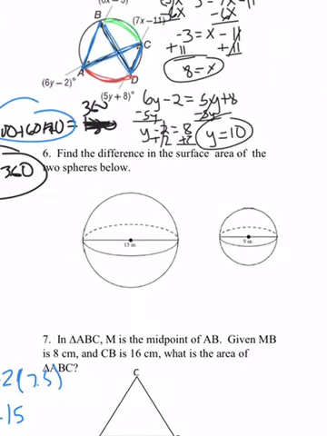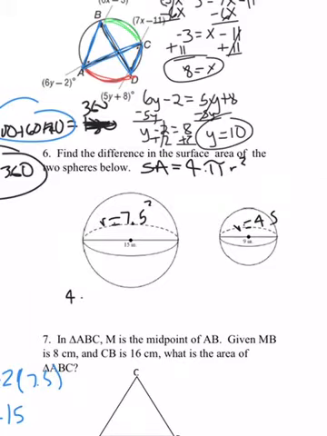Find the difference in the surface area of the two spheres. Surface area of a sphere is 4 pi r squared. On this one, your radius is 7.5. On this one, the radius is 4.5.